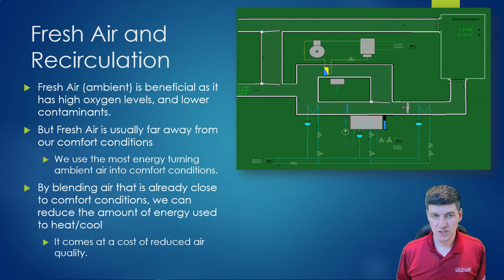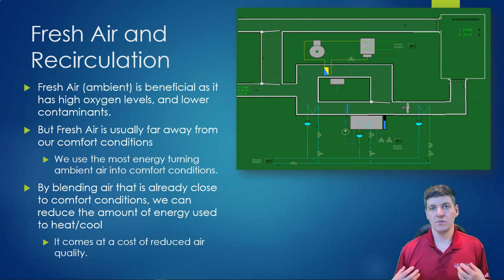It brings high oxygen levels and lower contaminants the more fresh air we can bring into a system. But we don't want to necessarily run on 100% fresh air. Fresh air that's coming in from ambient conditions is as far away from our comfort conditions as we could possibly be. And so that means that we're going to have to expend a lot of energy in order to bring fresh air to comfort conditions.